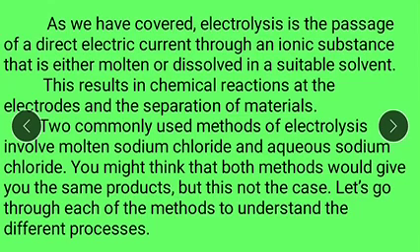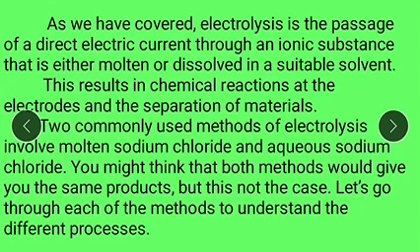Already we discussed what products are formed in the molten state of ionic substances in the electrolysis process. In both cases, chemical reactions take place at the electrodes and separation of materials is observed.